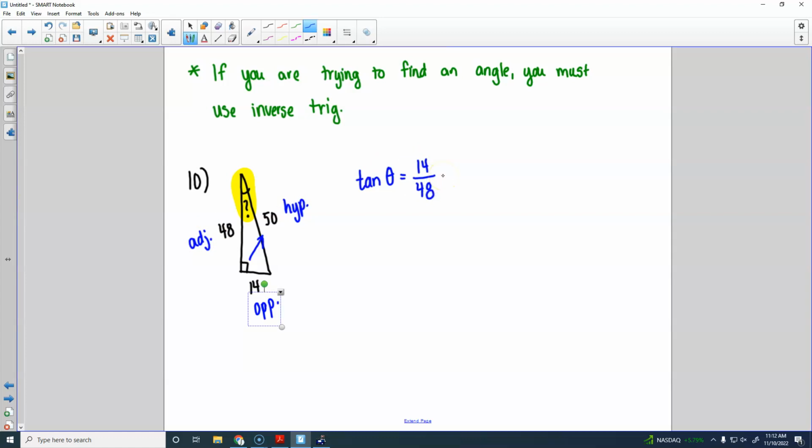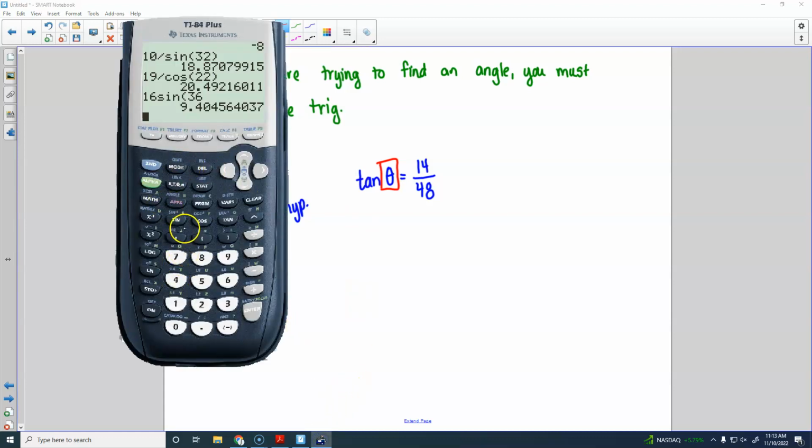And I only picked tangent just because I wanted to, right? You could do it with sine or cosine. I'll show you in a second how you get the same answer. So you're trying to solve for that theta. You're trying to get that angle by itself, which means what do you have to get rid of? The tangent. So you cannot divide by tangent.